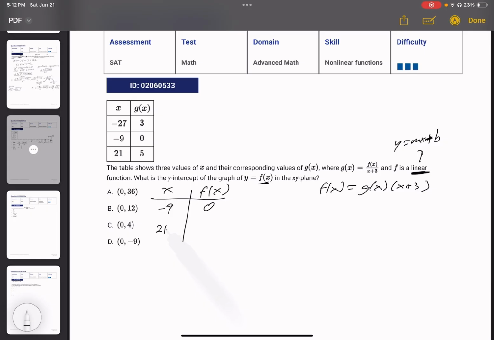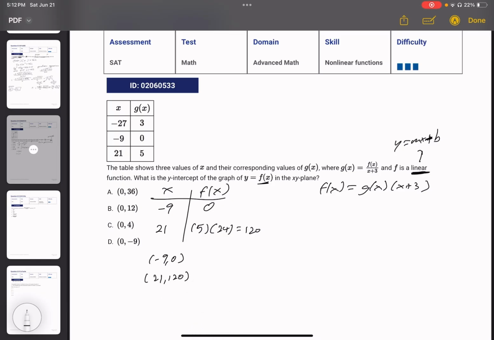And then plugging in 21, g of x is 5. So we have 5 times, and then 21 plus 3 is 24, and this is equal to 120. So now we have the 2 points: -9, 0, and 21, 120.